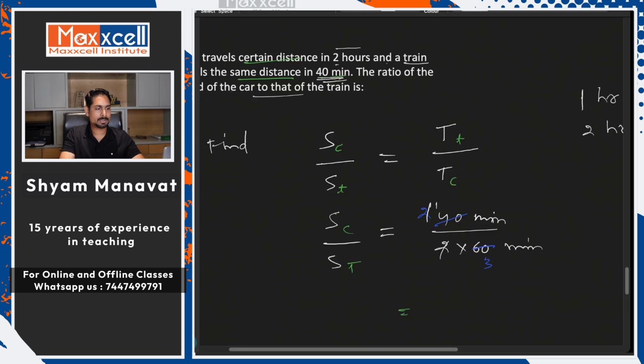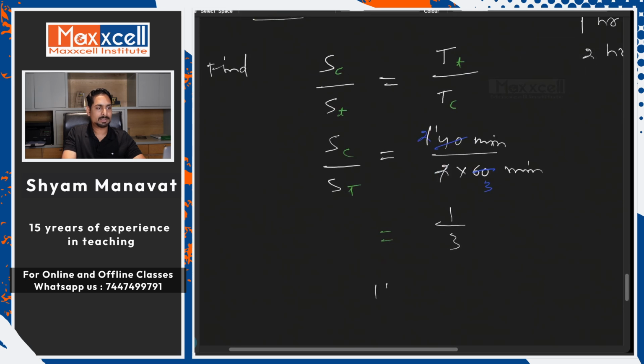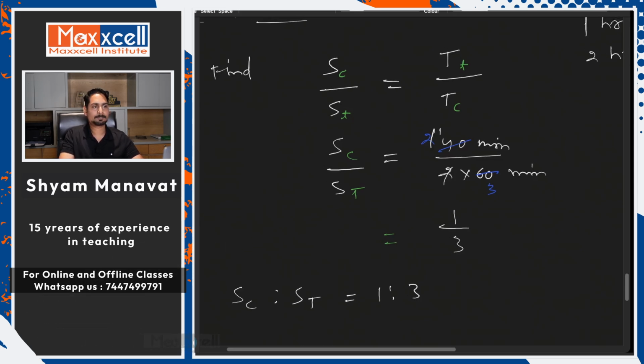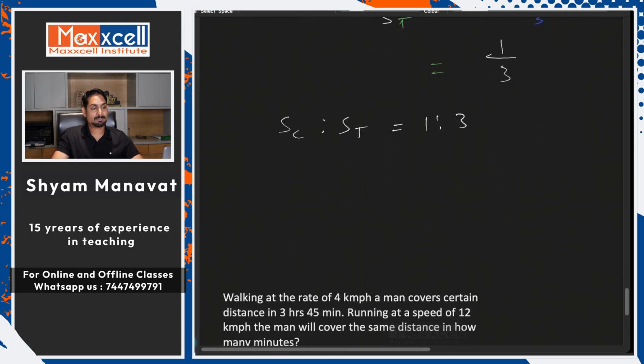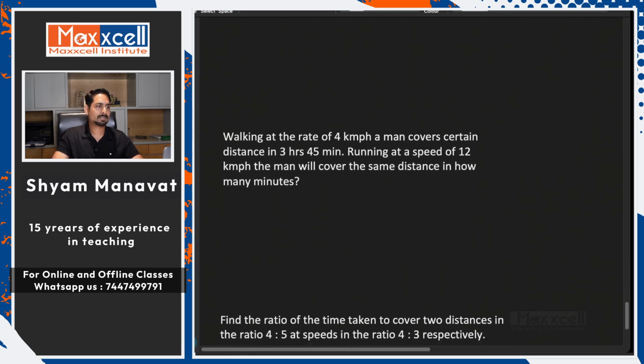The ratio is 1 upon 3. The ratio of speed of car to speed of train is 1 by 3. Easy, simple, clear? So that's how the inverse relation between speed and time works. Let's look at the next question.